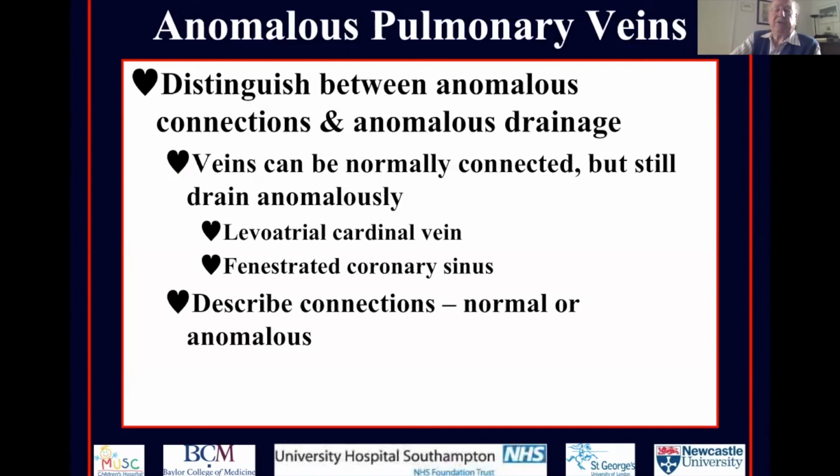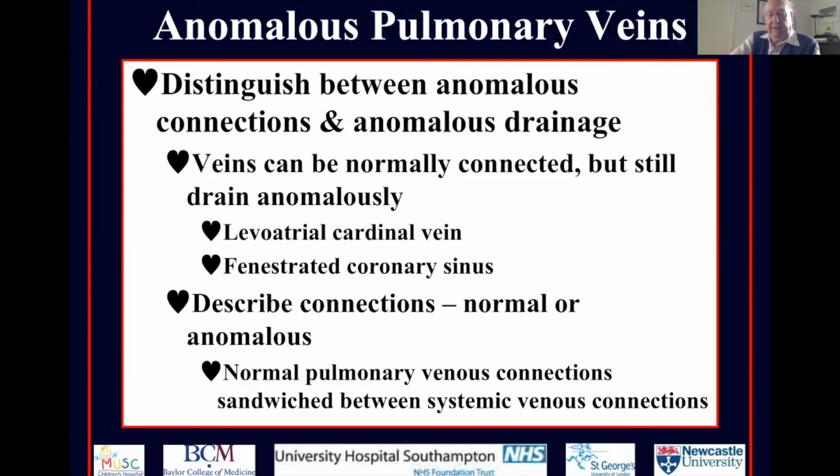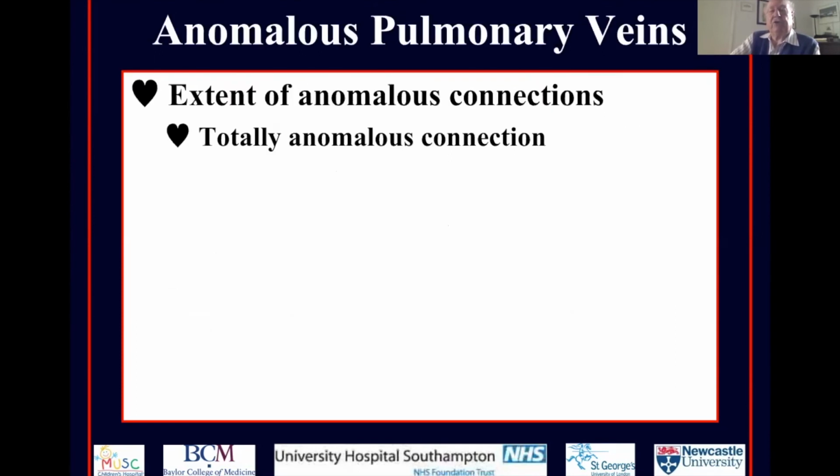So when we describe the connections, we must first determine whether they are normal or anomalous, and then distinguish that from potentially anomalous drainage. But remember again, the normal pulmonary venous connections are sandwiched between the connections of the right-sided veins to the systemic channel and the coronary sinus, which represents the left superior caval vein initially.